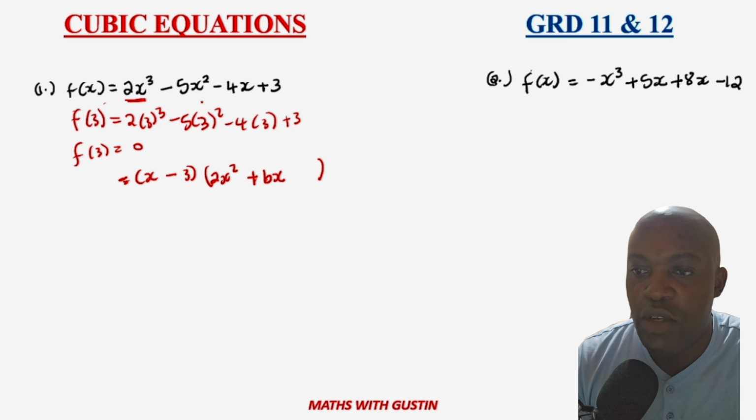Now, what are you looking for next? Again, you are looking for the middle term. For the middle term, for now, we don't know what it is, so we're just going to put bx. And then for the last term, you are looking for the term that when you multiply will give you 3 at the end.